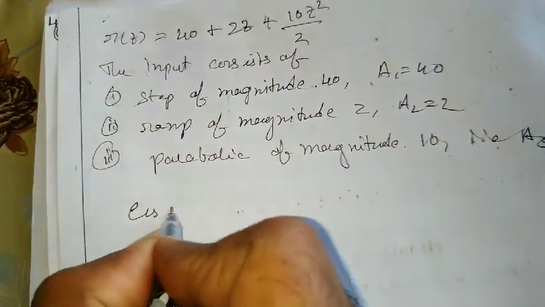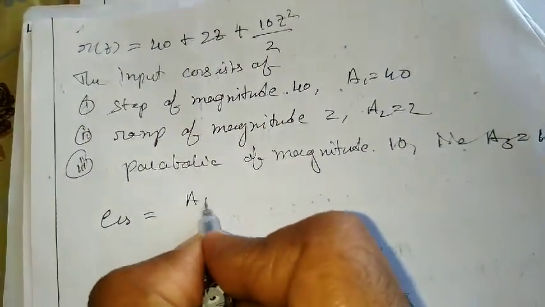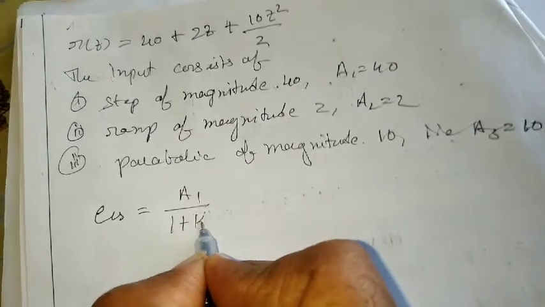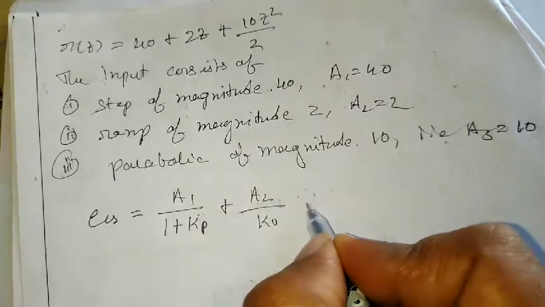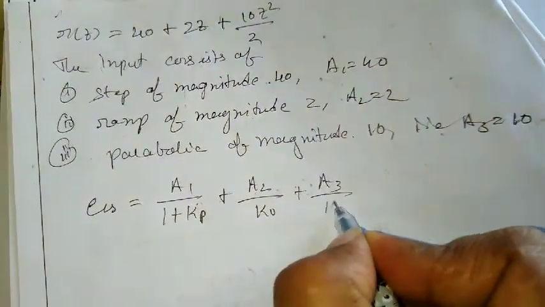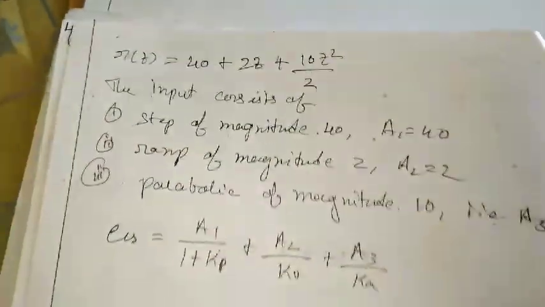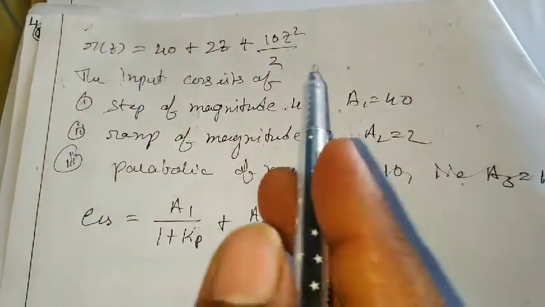So ESS is expressed as A1 by (1 + Kp) plus A2 by Kv plus A3 by Ka for the given input r(t).